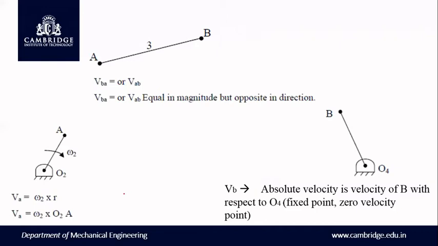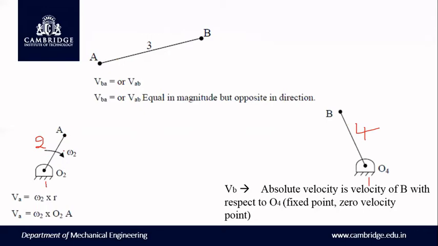Now, once again to explain in detail, we have divided the 4 links of the 4-bar chain. The fixed link we can consider as 1, this crank as number 2, this is number 3, and the last link is number 4. The velocity of point A will be considered as absolute velocity.